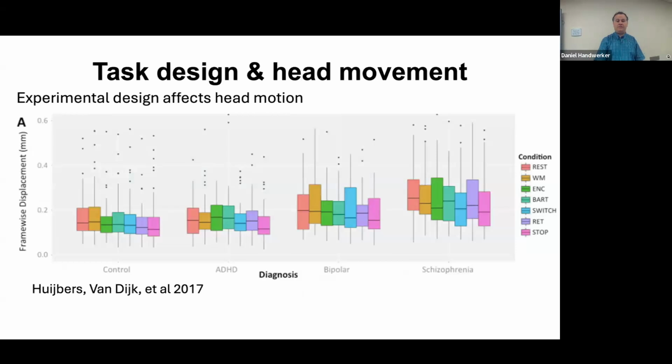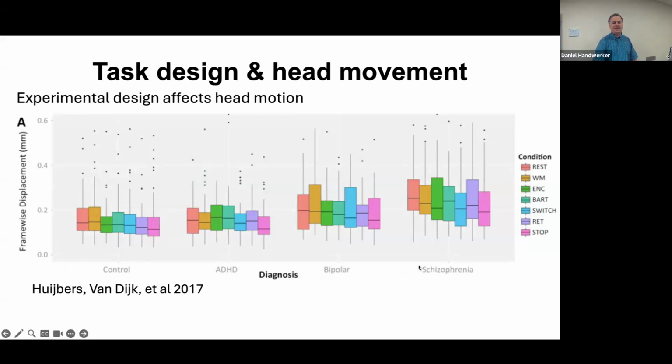So that was breathing variation. And we also have things like head movement. This is another study, where frame-wise displacement is how much, on average, people are moving their head across a run. Each colored bar here is a different task or rest. But the bigger thing to notice is the patient population. We have control, ADHD, bipolar, and schizophrenia.